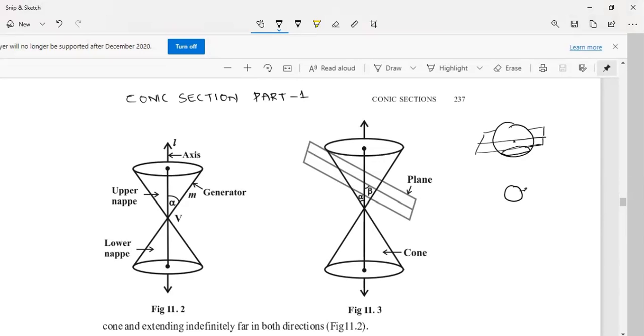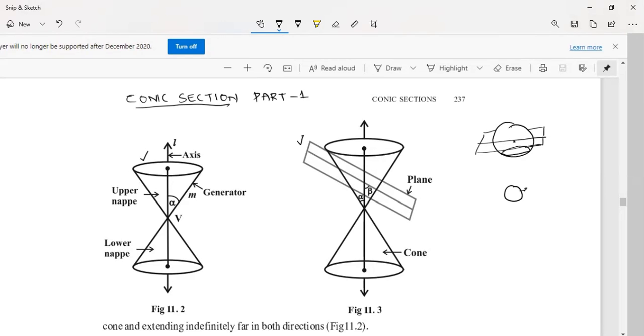So a section is the part, the surface that comes out when we cut something by a plane. That is why it is called conic section, because we are taking the cone and cutting it by the plane. All the figures we are getting will be the section of the cone by cutting with a plane.